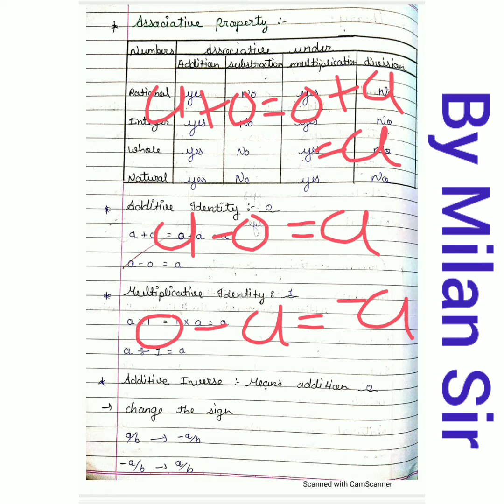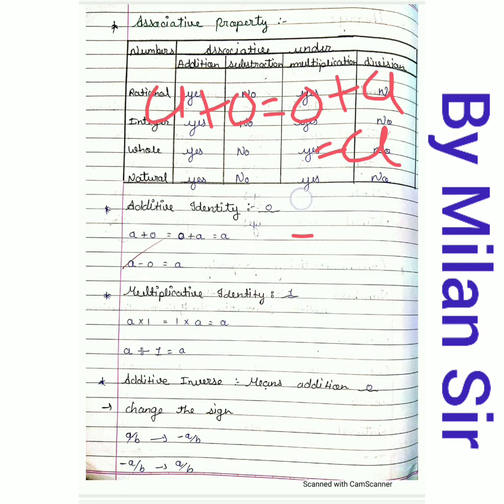So in subtraction we cannot change the order. For the subtraction process, if we do a minus 0, then we get a, but if we do 0 minus a, then we get the answer with a different sign. So for addition, 0 is the additive identity.